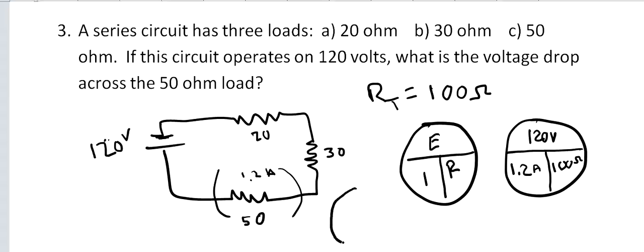So again, we could draw our circle, and we see that we have an amperage of 1.2 amps and 50 ohms, and we just multiply 1.2 times 50, and that would be our voltage drop across this resistor, which would be 60 volts. And you could do the same for the other resistors, and when you add up all the voltage drops, you should get the source voltage.